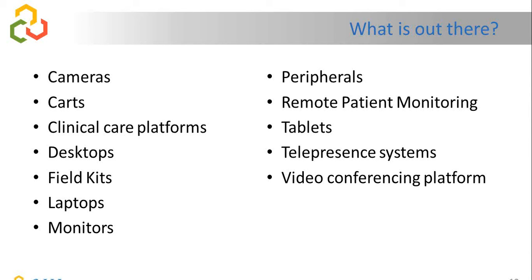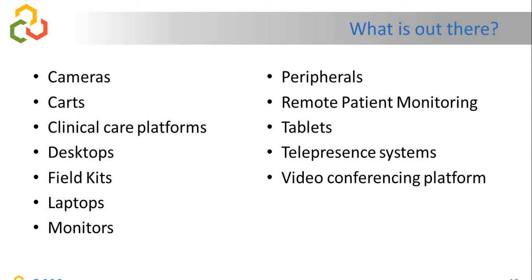You have remote patient monitoring systems that kind of walk a patient through education and collect and transmit their vital signs on a daily basis. You can do tablets. You can go really big and do these huge telepresence systems that just incorporate everything. Or maybe you have the equipment and you're just looking maybe for a simple video conferencing platform.